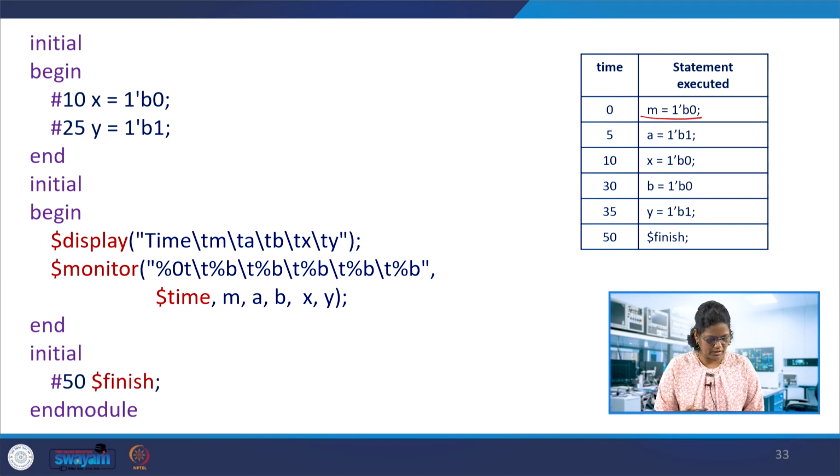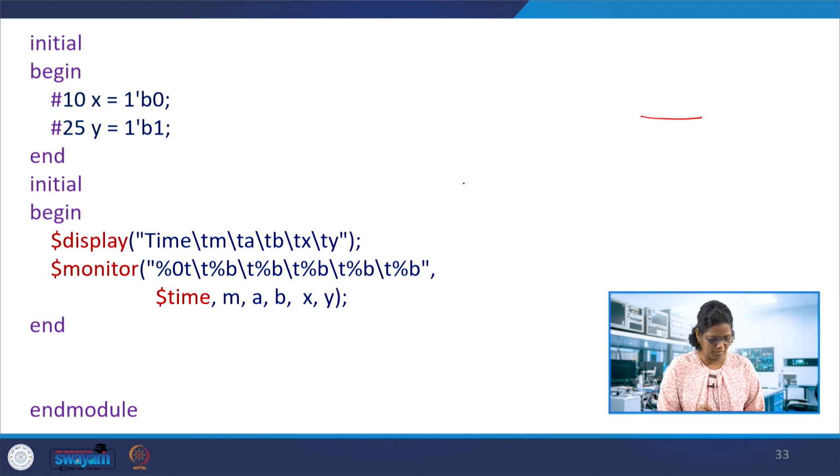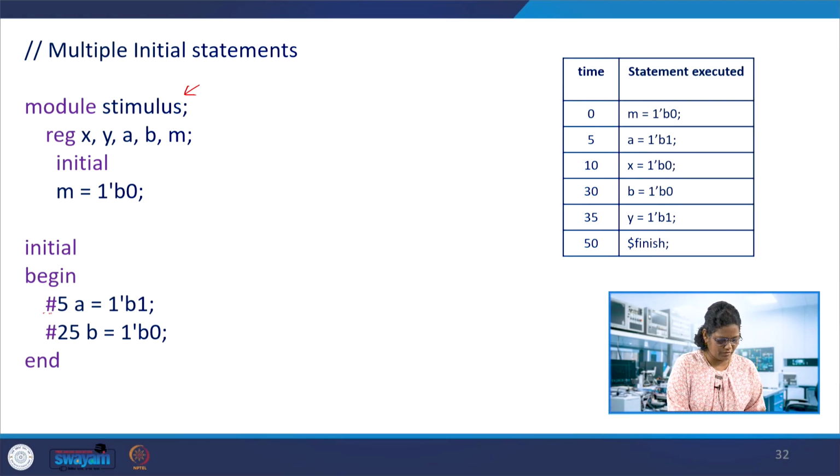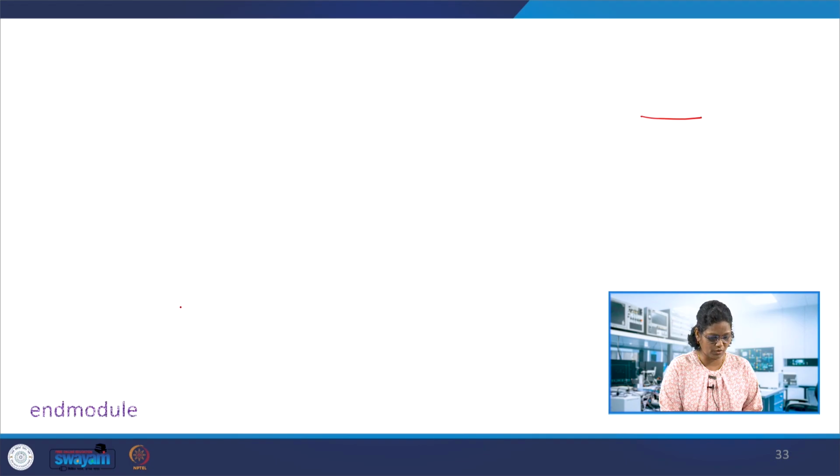Next, coming to the previous case, after 5, A is supposed to be assigned 1. So at 0 it is that, and after that this is the 5. Will it execute the next one, #25? Because these initial blocks are concurrent, it is looking for the next initial block here.